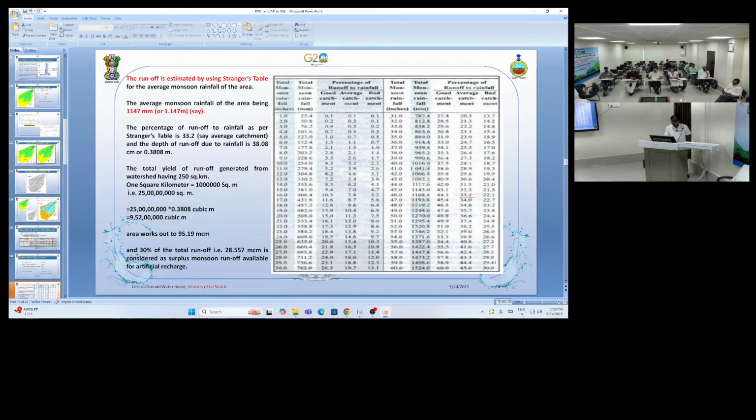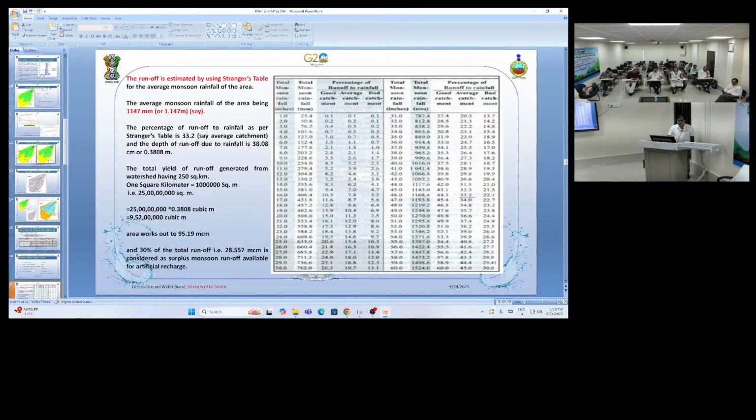From there you can find that the depth of runoff due to rainfall is 38.08 centimeter or 0.3808 meter. That is 33.2% of your 1.147 meter rainfall. From that rainfall, that much you can plan for your recharge.